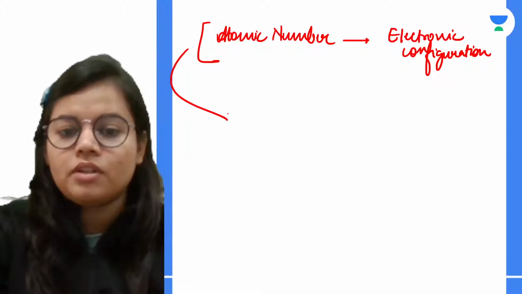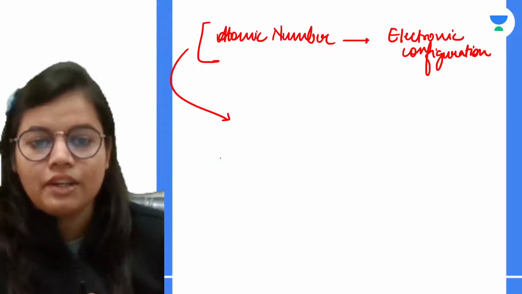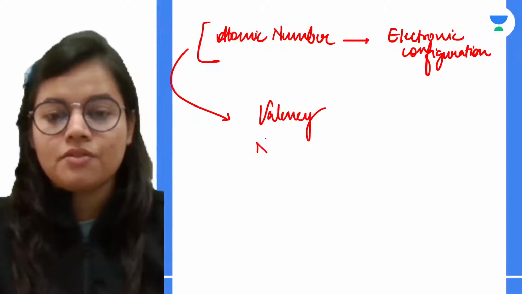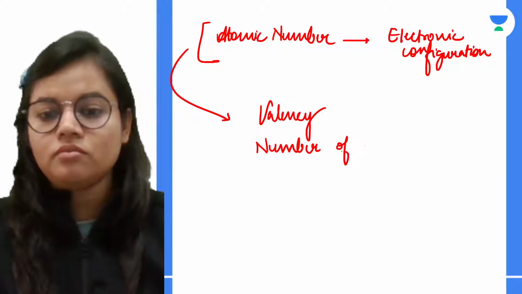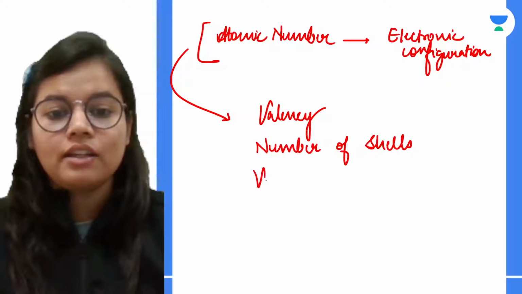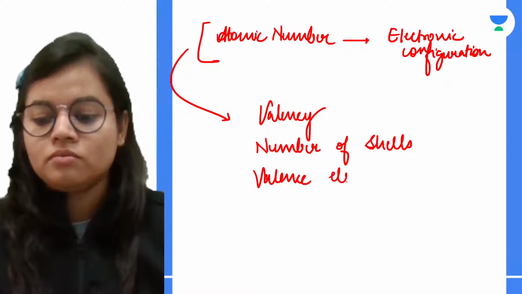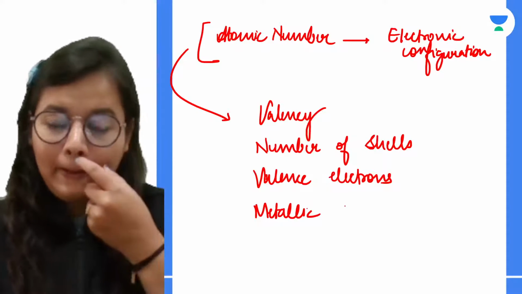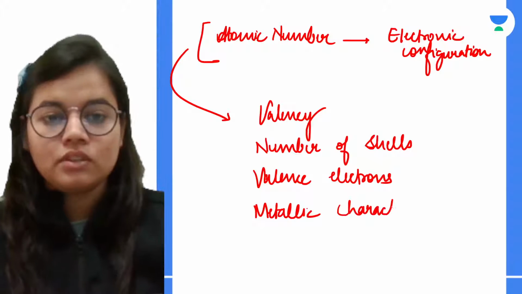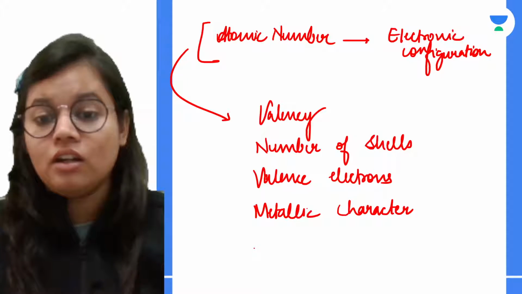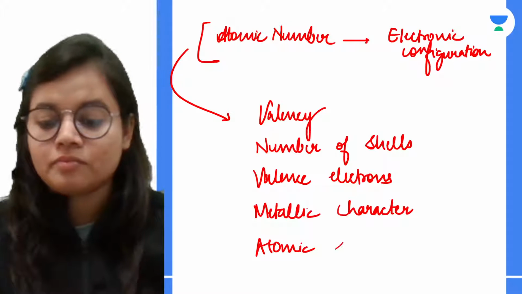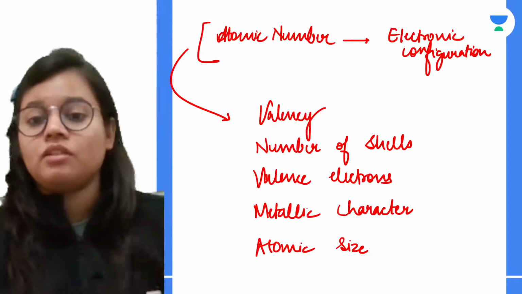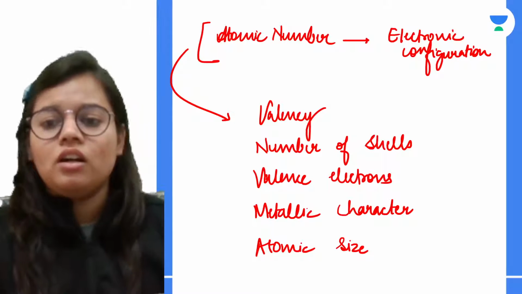Now, these properties are defined by electronic configuration, and the properties can be valency, number of shells, valence electrons, metallic character, atomic size, etc. Ionization energy, ionization enthalpy, electron gain enthalpy, there are many properties.